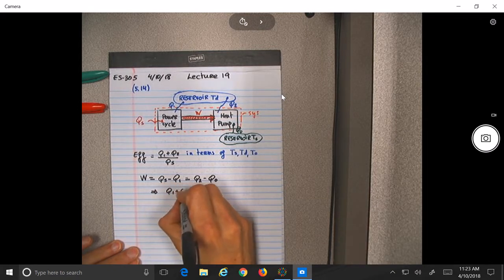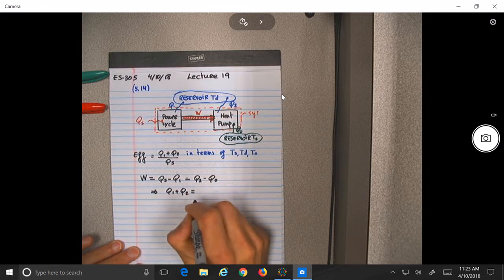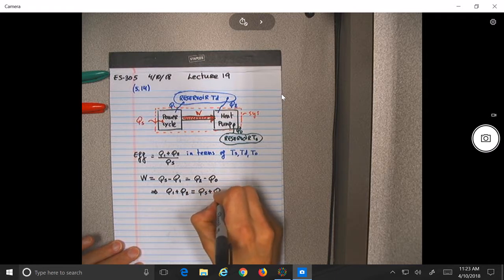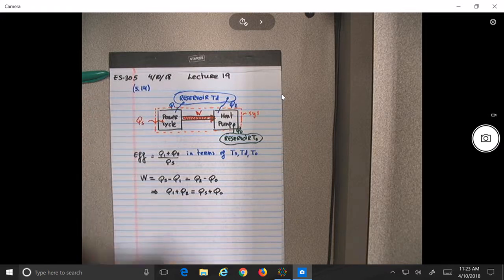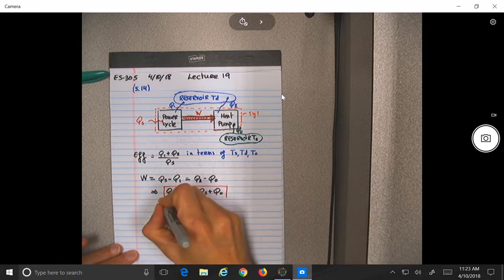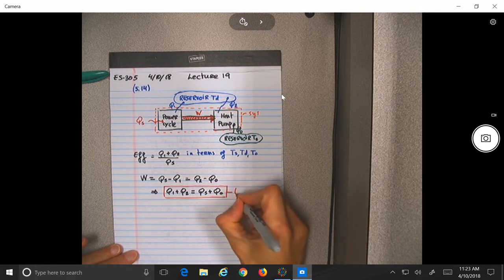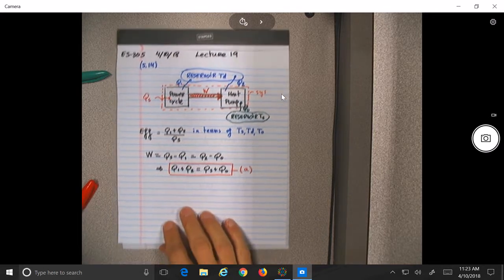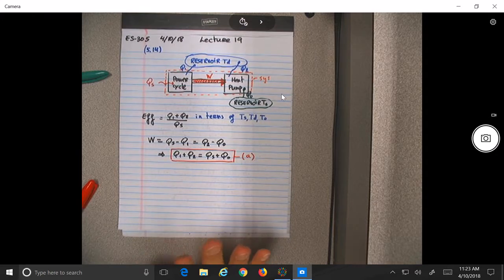Q1 plus Q2 equal to QS plus Q0. So let's say that's our equation A. Okay, I'm going to write down first all the equations we can write down, and then we combine them. So I did this for the two cycles.